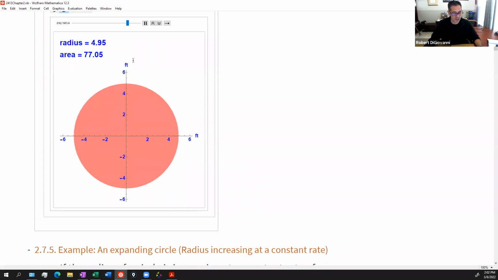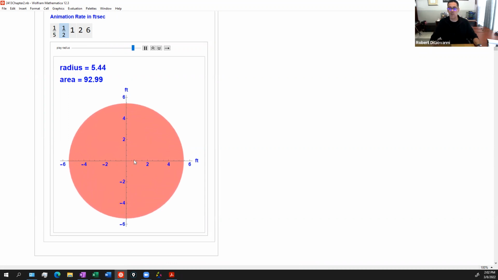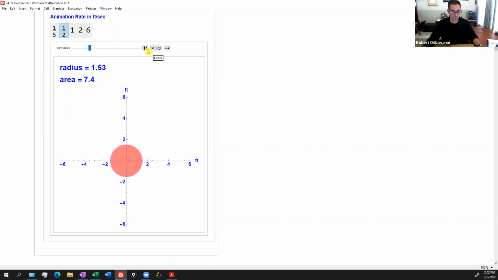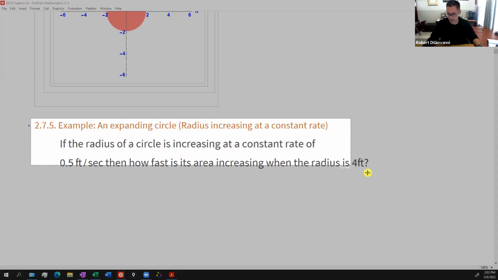I actually have it set up right now, exactly that. It is growing by half a foot every second. And I want to know exactly when we get to 4, right there, at that instant, how fast the area was growing. Let's go do it.